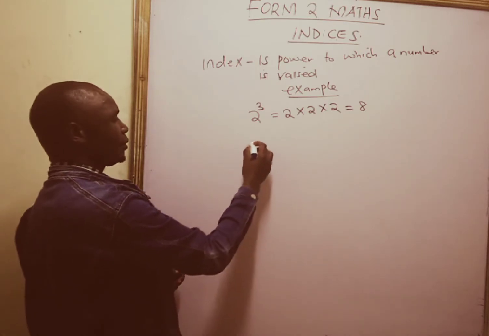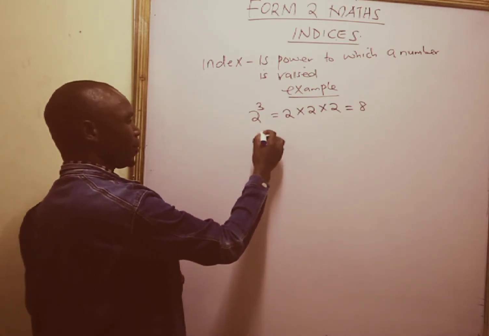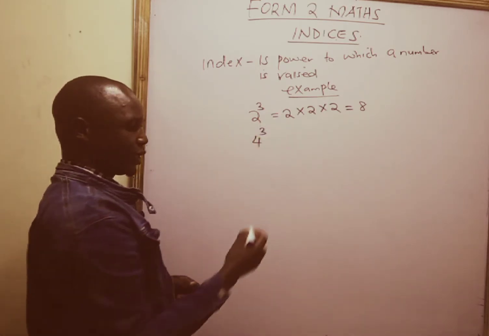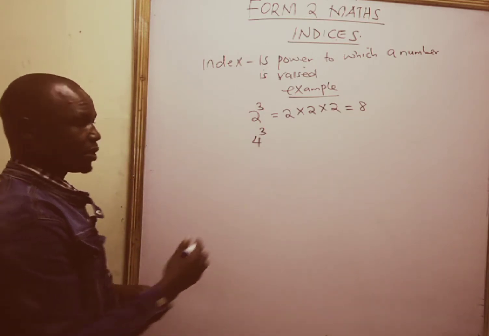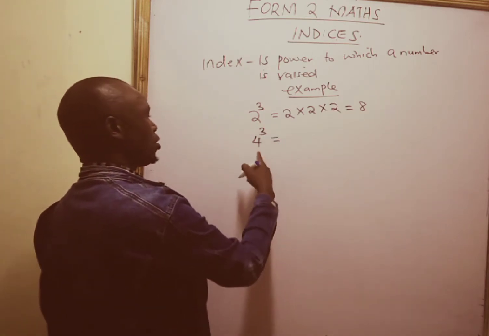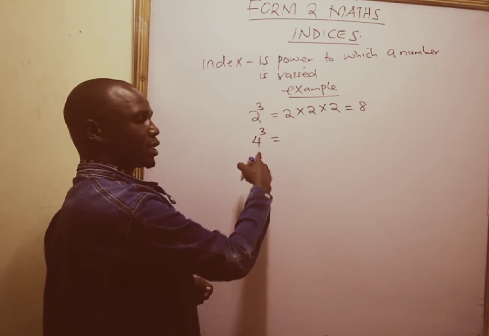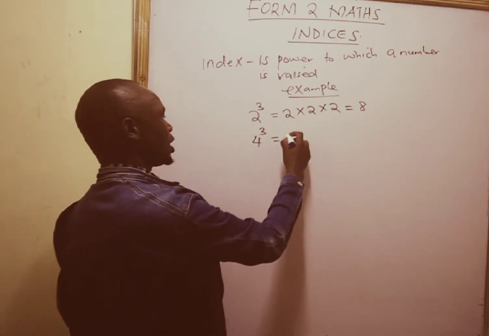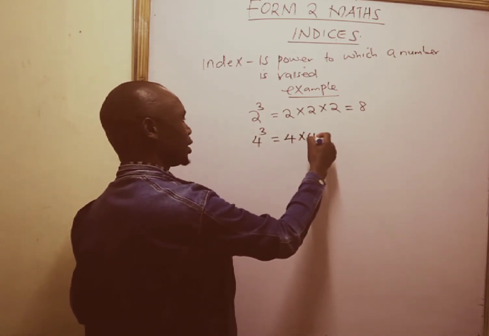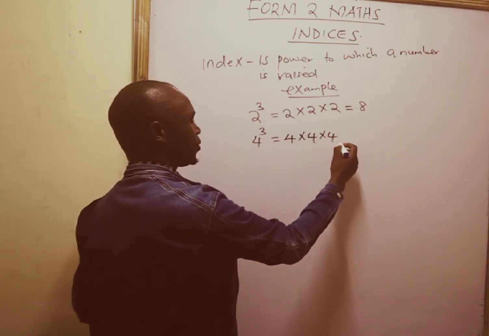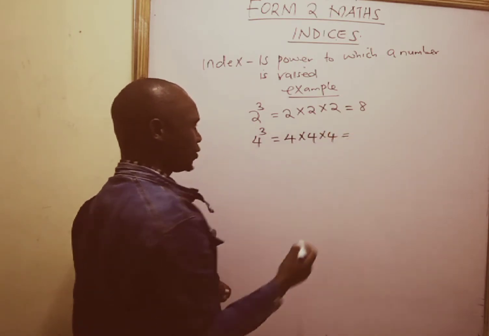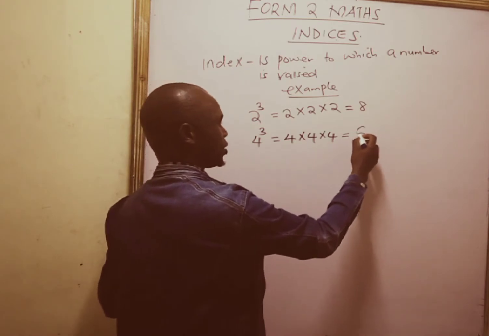If you have a number like, for example, 4 power 3, 4 power 3 means 4 multiplied by itself 3 times. That is, we have 4 times 4 times 4, which gives us 64.